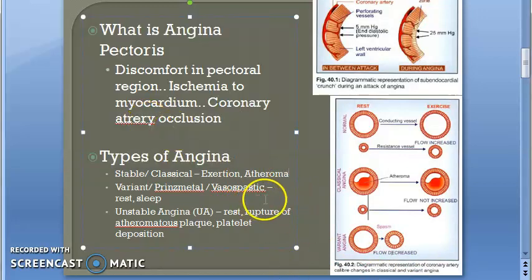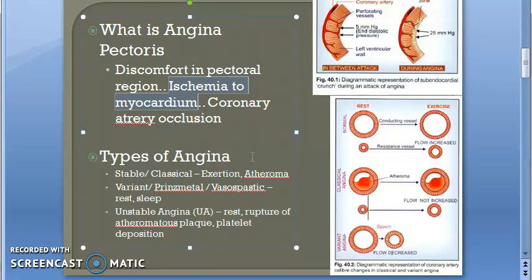In classical there is atheroma, in variant there is spasm, okay? So this reduced oxygen supply can be because of coronary atherosclerosis, coronary vasospasm or coronary thrombosis. Why will there be increased oxygen demand? Because of exercise, yeah.